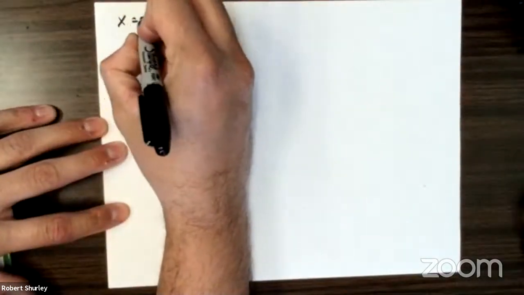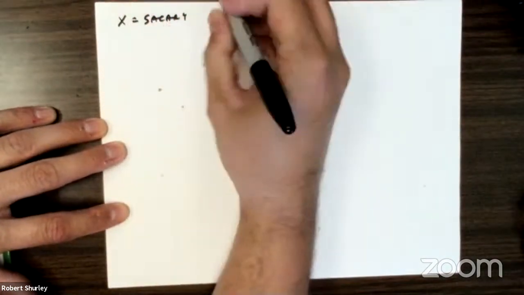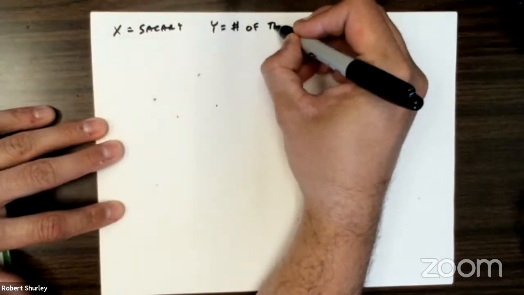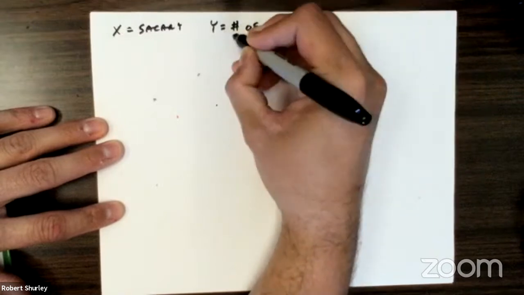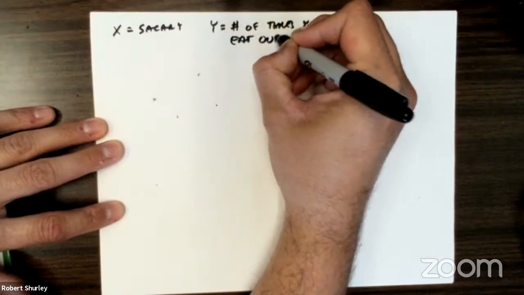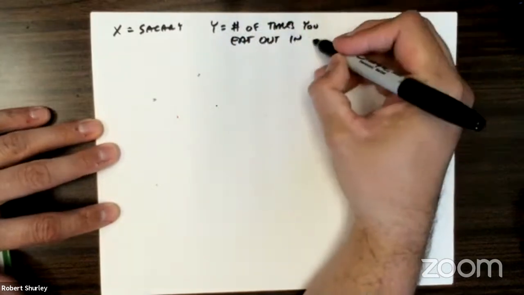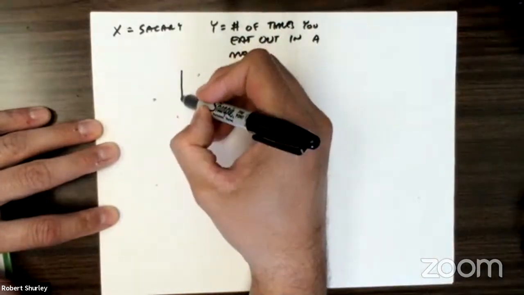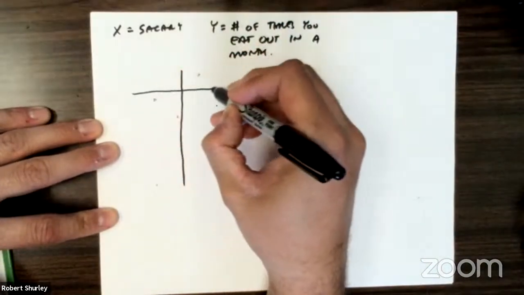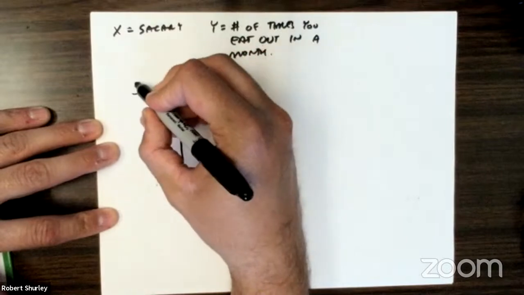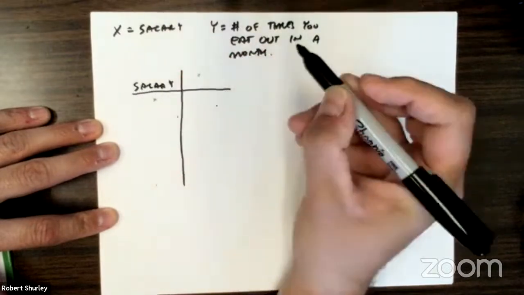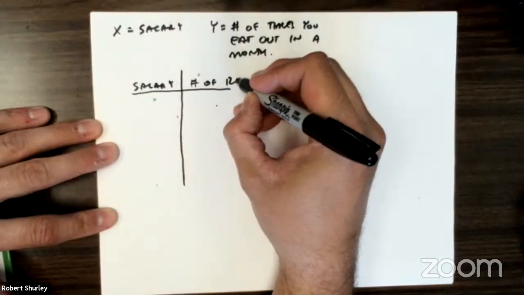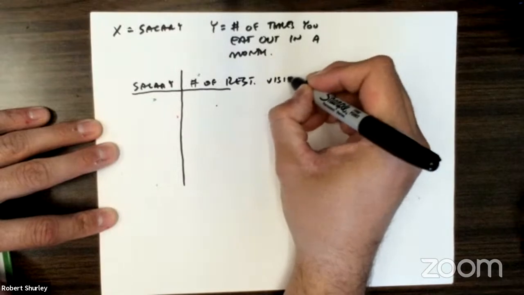So our X is going to be your salary, and the Y is going to be the number of times you eat out in a month. So you go to a restaurant in a month, right? And we just start surveying people, right? So X is going to be salary, and then number of restaurant visits. We'll put it like that just to make it shorter.